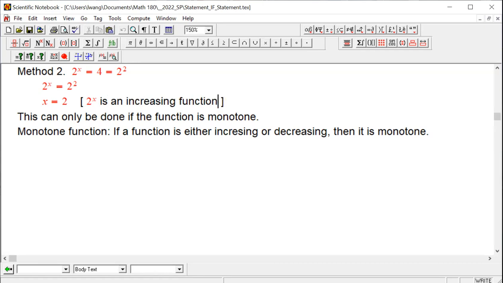Okay. And it is also a one-to-one function. You can also quote it's a one-to-one function because an increasing function is a one-to-one function. Or if you quote this one-to-one function, it also works well. Let's use one-to-one.